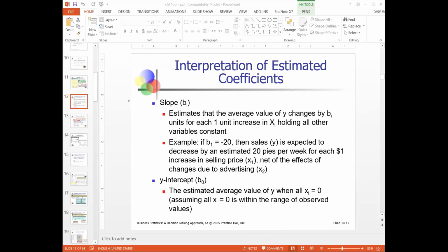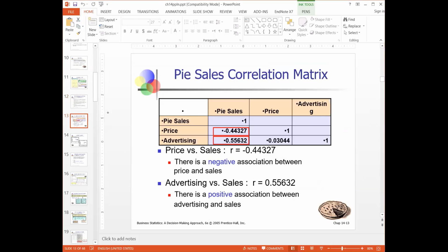Okay. So it has shown again the correlation value. The correlation between pie sales and price is minus 0.44. So it is telling us that it is a negative association. And the correlation value is between -1 and 1, and in the middle it is 0.